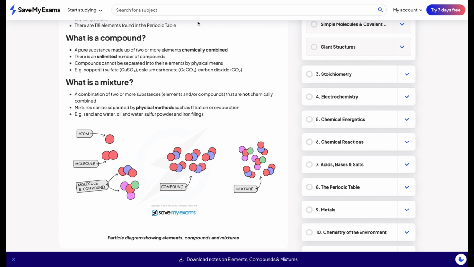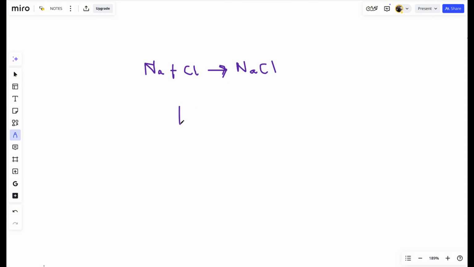Like you write H2O. If you write H2, hydrogen, there are two atoms of hydrogen. This is not a compound, this is just two atoms of hydrogen. For example, one atom of hydrogen is just a circle, another atom of hydrogen is also a circle.